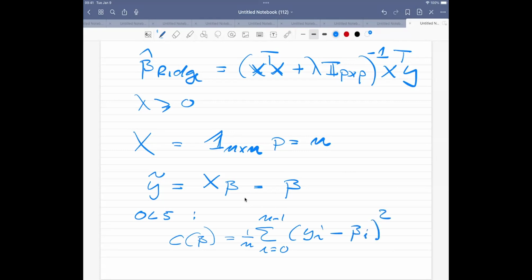So I'm just making a simple case now because this model is going to guide the eye in our understanding of what happens when we introduce this additional term in the cost function which we're optimizing.